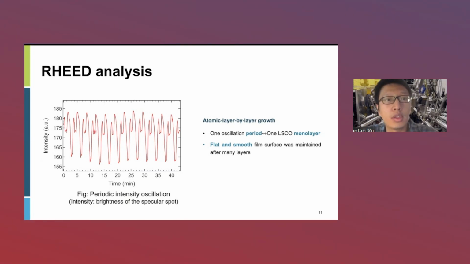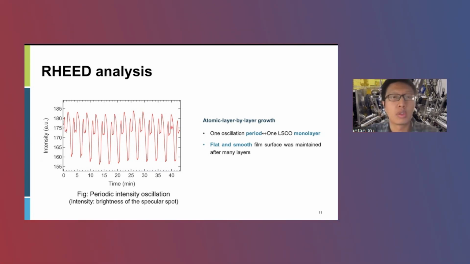We can notice that each oscillation period corresponds to the growth of one LSCO monolayer, which means we are realizing the atomic layer by layer growth. We also notice that the intensity of the peak didn't decay, which means the sample surface is flat and smooth even after many layers.